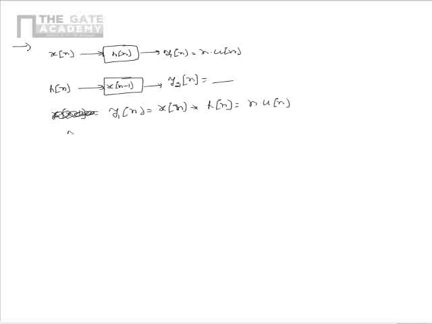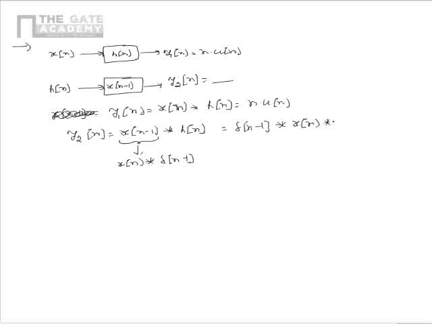Also we see that y2(n) can be written as x(n-1) convolved with h(n), but we know that x(n-1) can be represented as x(n) convolved with delta(n-1). So this can further be written as delta(n-1) convolved with x(n) convolved with h(n).